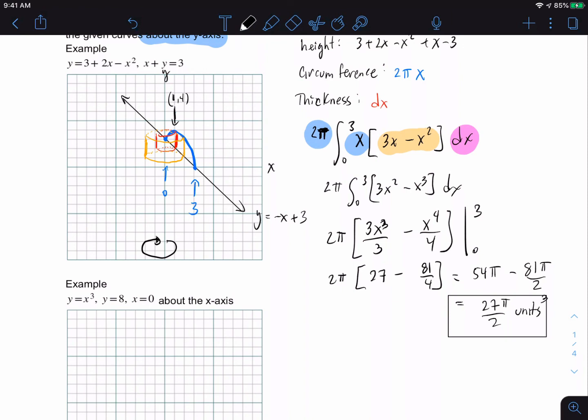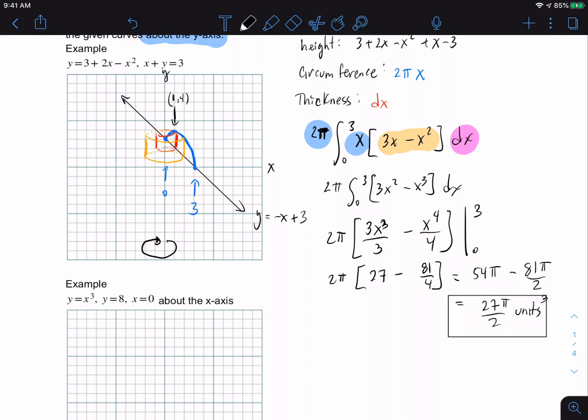Are there any questions on that process? The hard part with these problems is finding the circumference and remembering that you have a radius that you need to multiply by. No questions? You guys are just kind of trying to take it in right now?